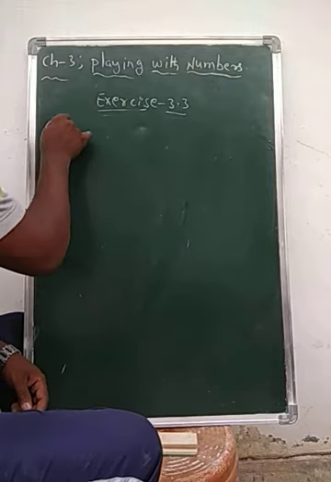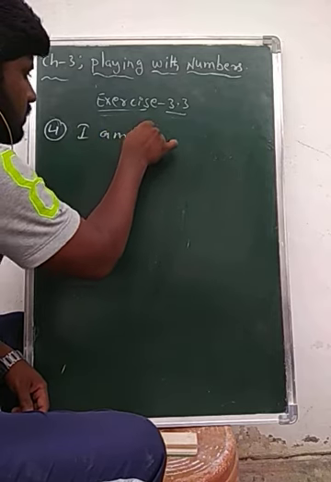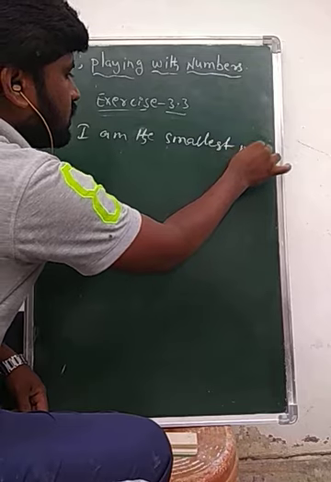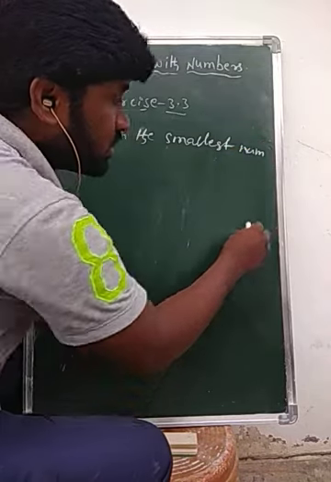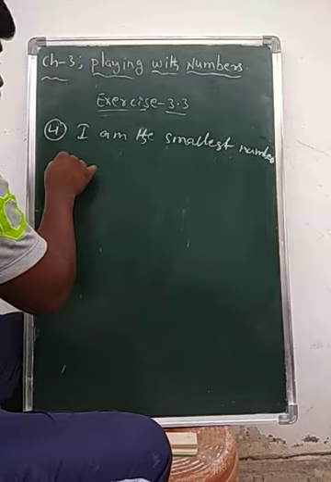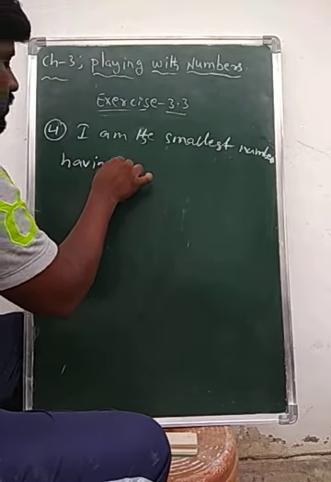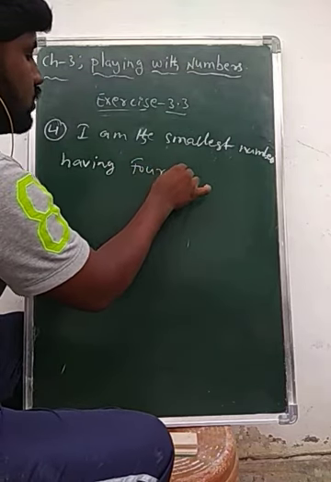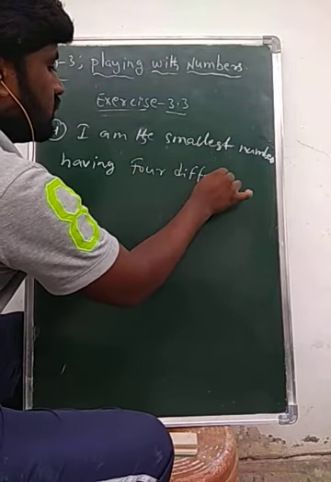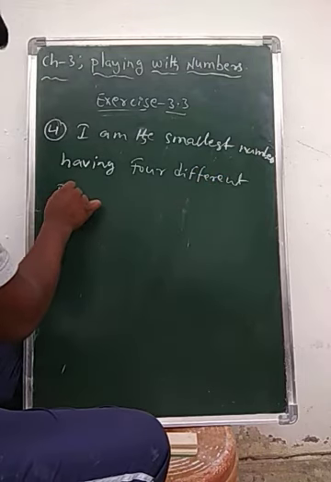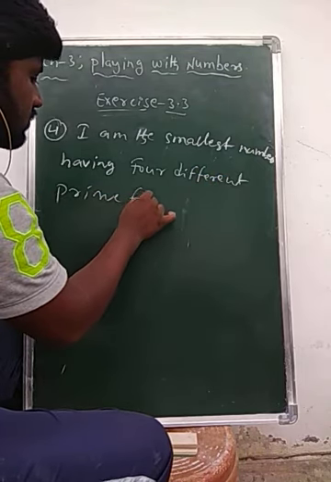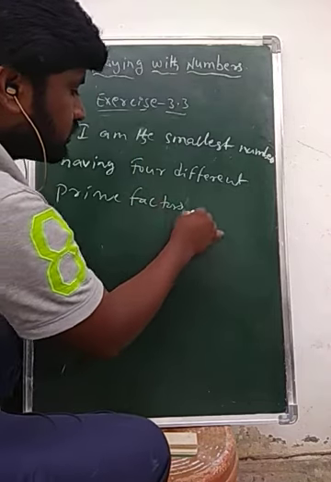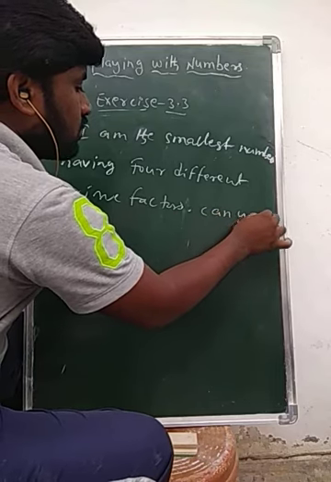The question is given: I am the smallest number having 4 different prime factors. Can you find me?